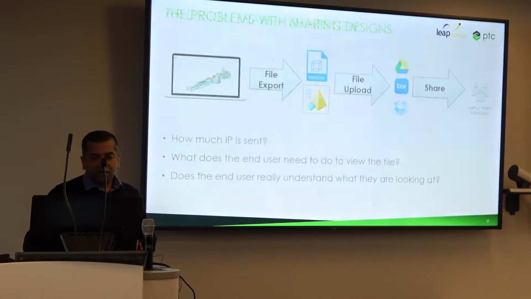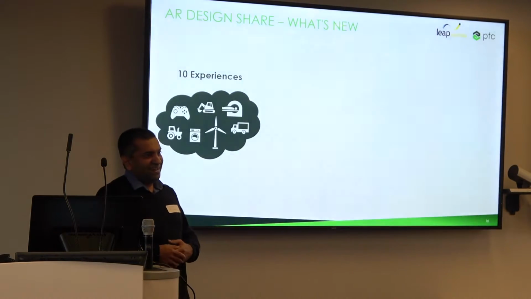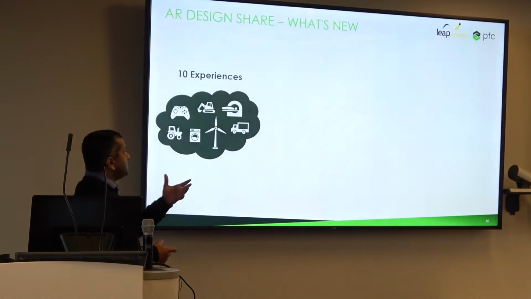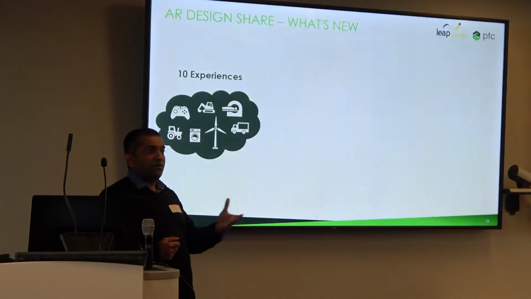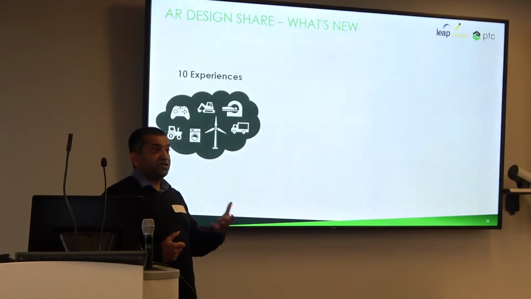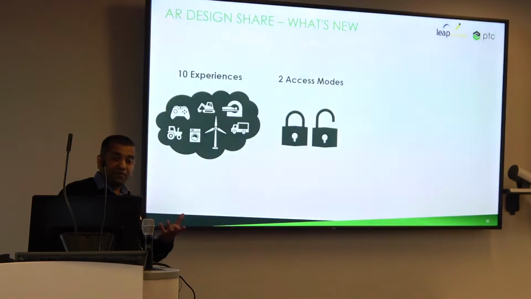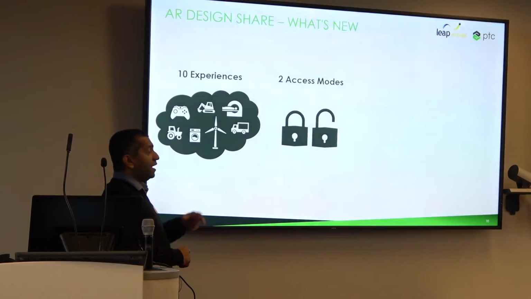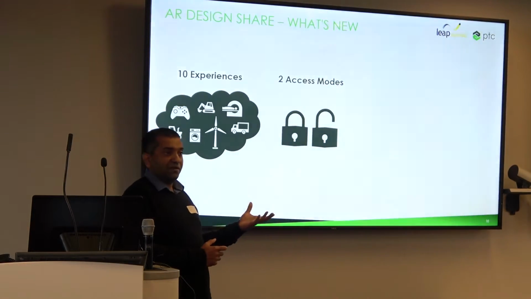So this comes to your question. When PTC introduced this technology in Creo 4 M10, there was a limitation of 5 models. Quite recently, with the Creo 6 launch, that has changed and increased to 10 models. Also, there are now two access modes: one is public and the other is restrictive.